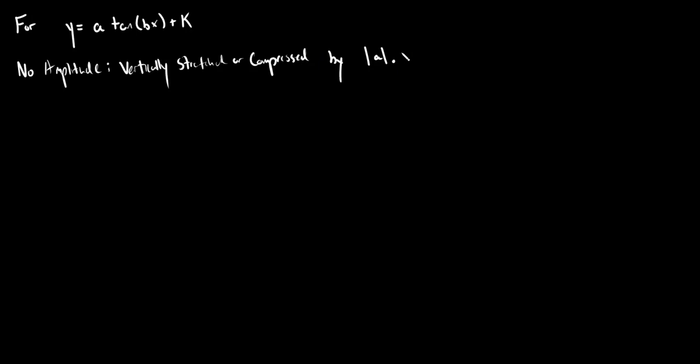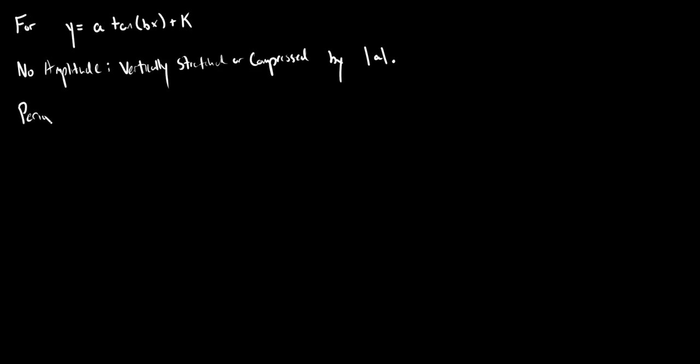It's just back to our normal transformation talk, vertically stretched or compressed by the absolute value of A. If A is, say, 3, -4, 15, whatever, that's vertically stretched, okay? If A is something like 2/3 or 1/2 or -1/4, that's vertically compressed, okay? And remember, if A is negative, all that means is that it's reflected over the x-axis, okay?